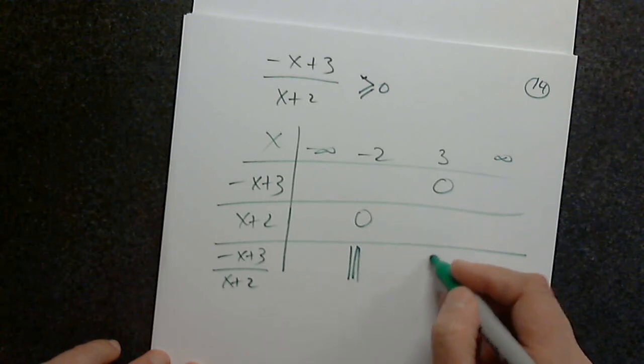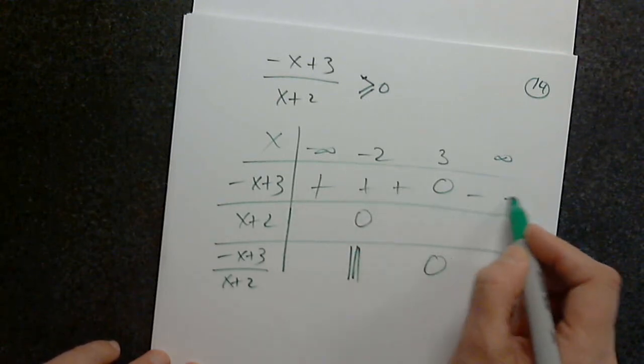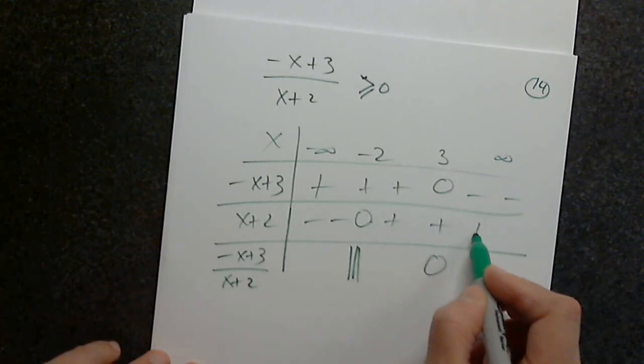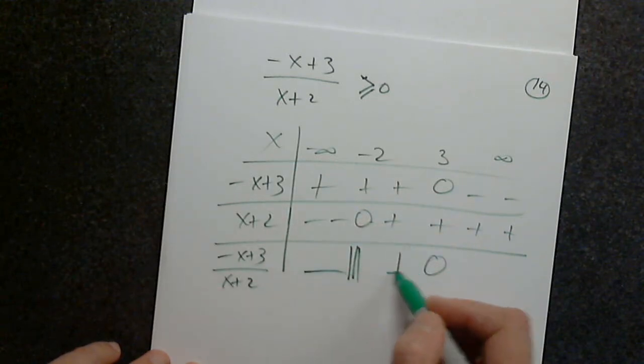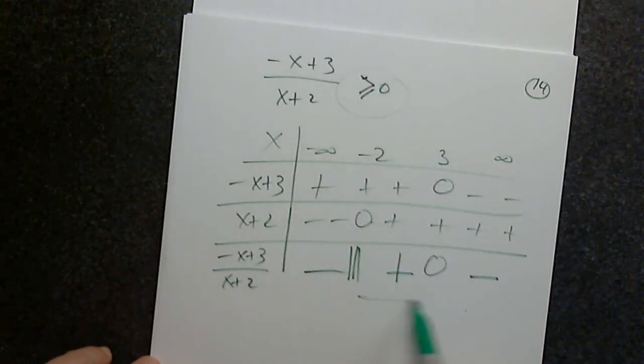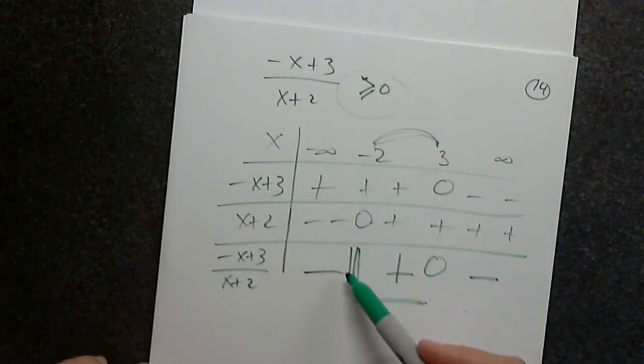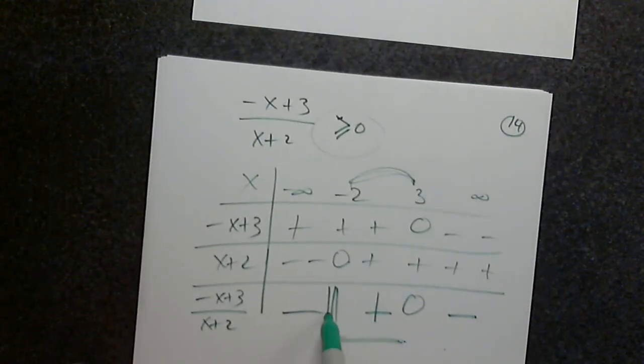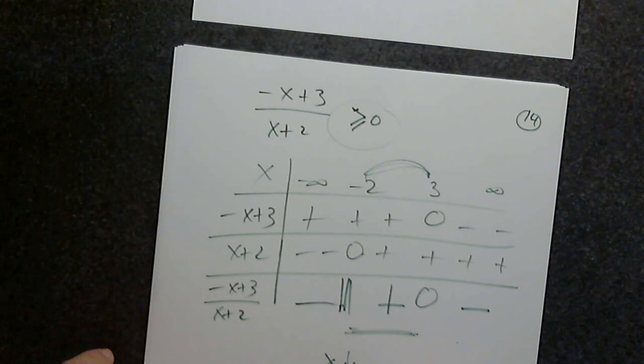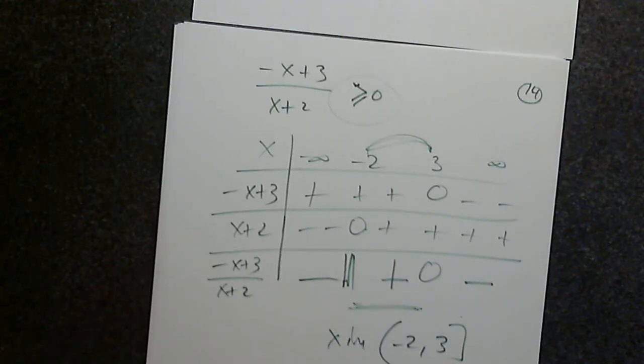Negative 2 is undefined, and 3 is 0, so we test positive and negative. So it's negative, it's positive, it's negative. Greater than or equal to 0. But I cannot include negative 2, because it's undefined. So it's a parenthesis at negative 2, and a bracket at 3. Negative 2, 3 with a bracket. Very good.